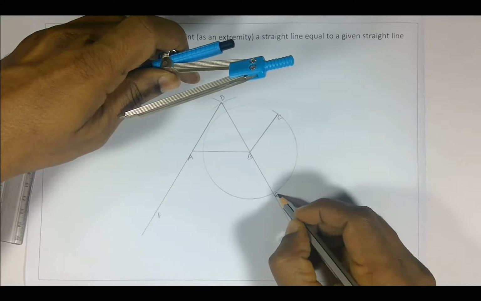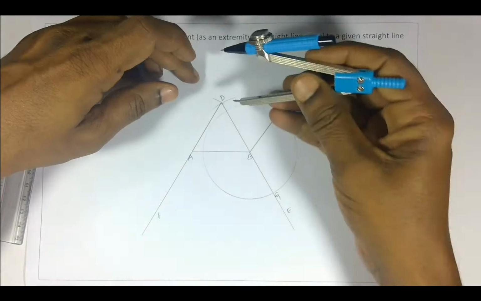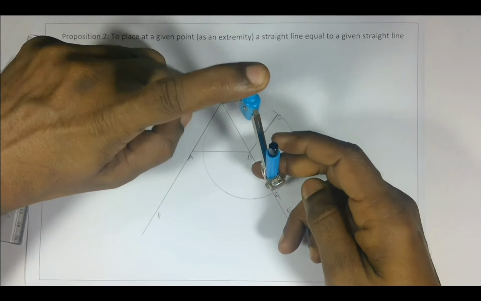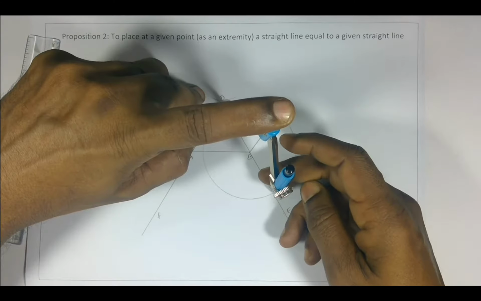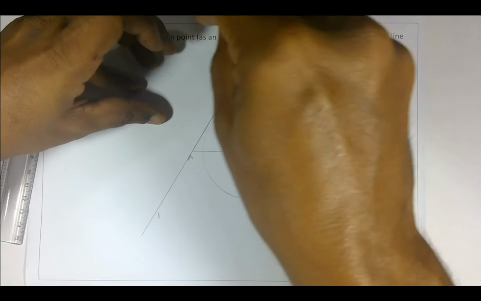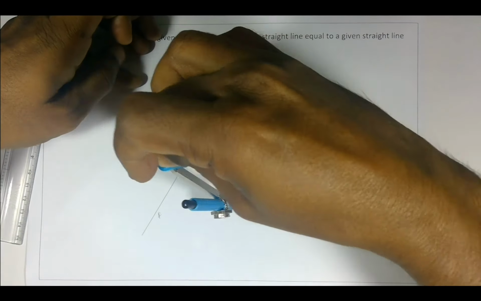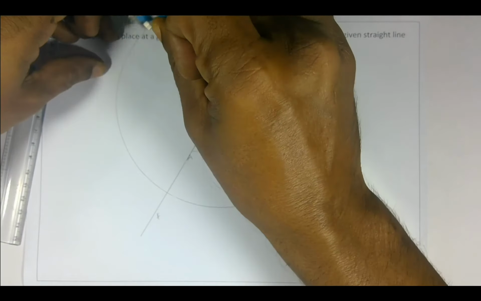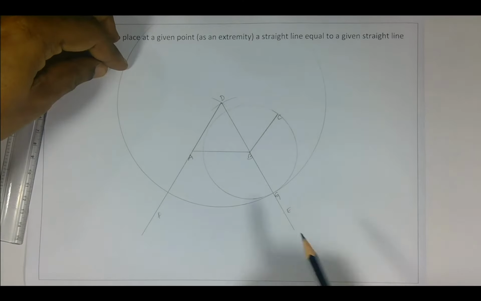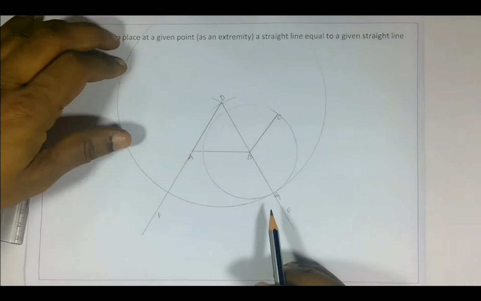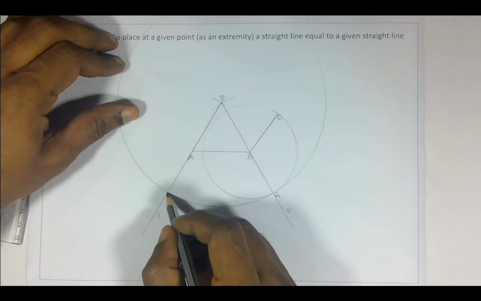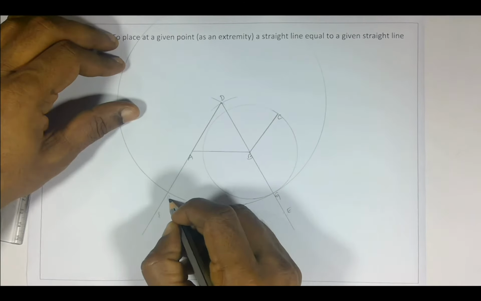ABCDEF, let's say this is G. Now keeping the center as D and the radius as DG, let's draw a circle. Every time we don't have to draw the full circle. It is enough to draw to the extent which we require. Now we have a cutoff point here also. So let's say this is H.